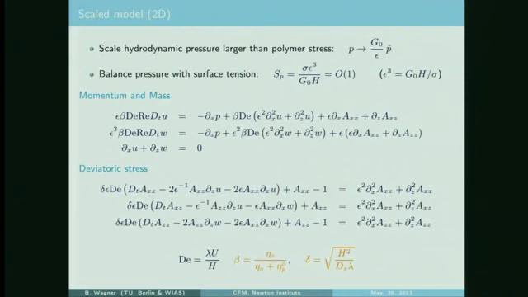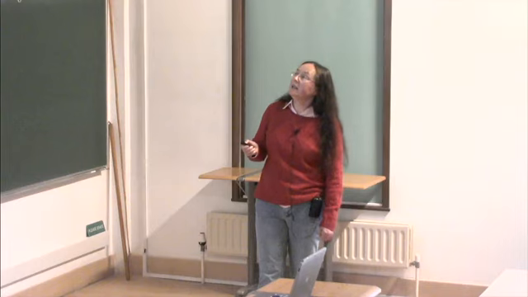So, in order to derive the lubrication equation, we again use the separation of scales of horizontal to vertical scales, and here we scale, in addition, the hydrodynamic pressure larger than the polymer stress, and I won't write down the whole scalings here, just what is different.